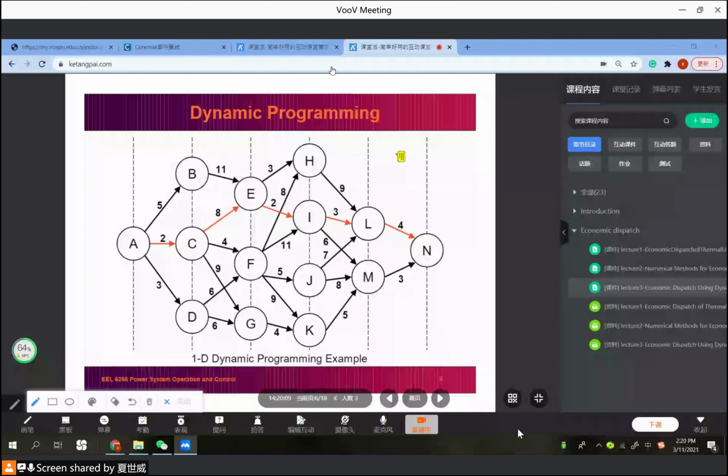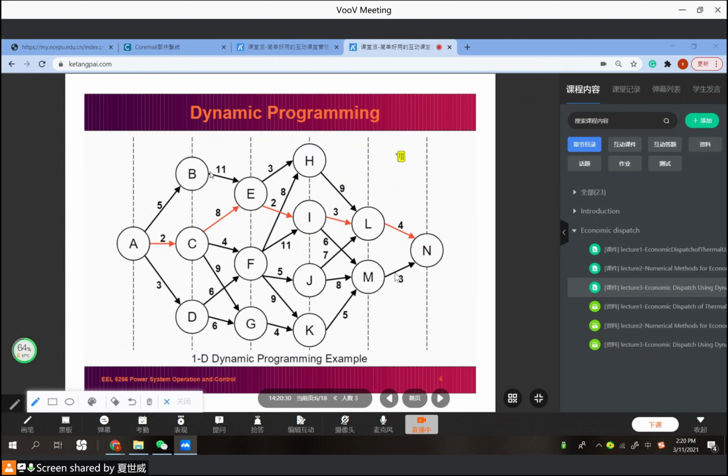Any question for this? We start from A and want to come to point N, and there are a lot of different paths.